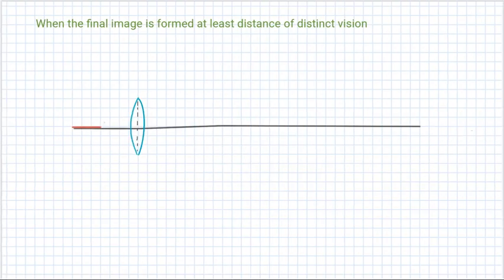So let us consider a principal axis. In this principal axis, consider you have a convex lens of short focal length and thin aperture. So this is your objective. Let me write it down below.